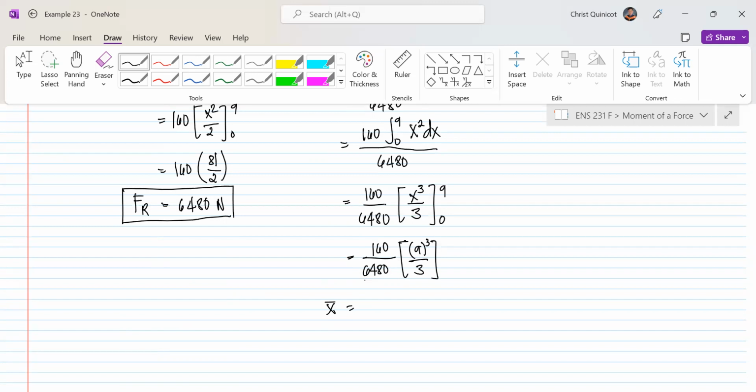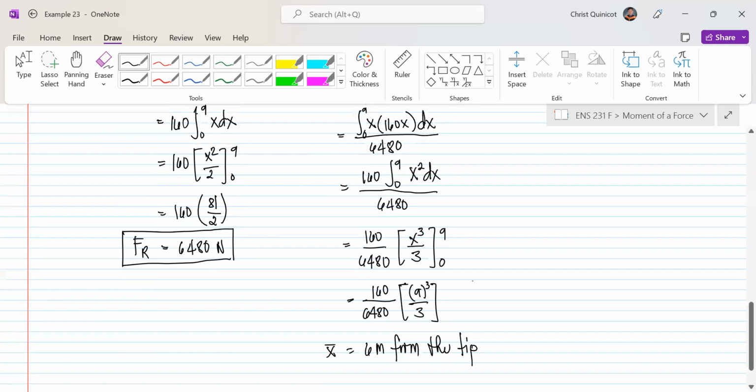That's 243 times 160 is 38,880 divided by 6,480, and that is 6 meters from the tip.